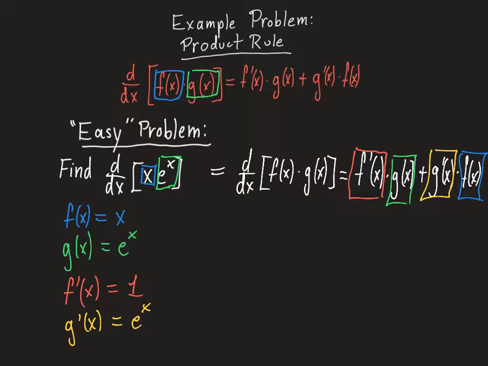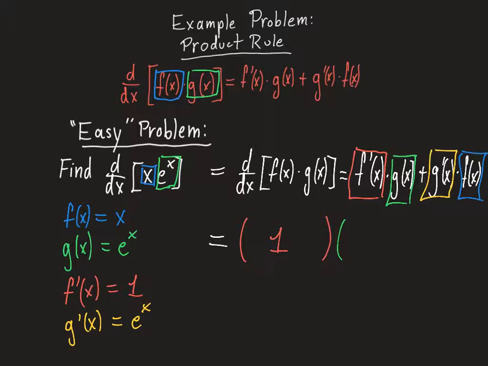All right, we're now at the last step, believe it or not. All we need to do is plug everything in. Don't forget your parentheses. Always put parentheses around each of these terms before you write them out. In the first position, we see that we have what we need in red, f prime of x, which is equal to 1.